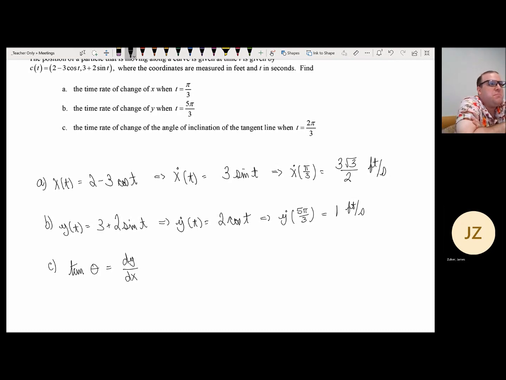Tangent of theta is going to be the slope of the line. And we know dy/dx is y dot over x dot.